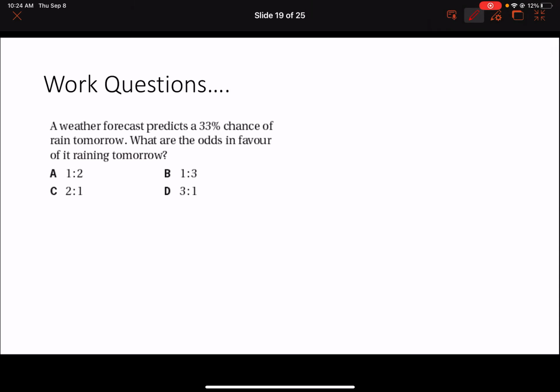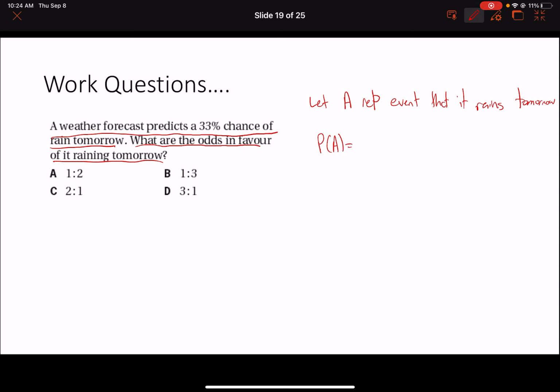Anyway, the weather forecast predicts a 33% chance of rain tomorrow. What are the odds in favor of it raining tomorrow? So let A represent the event that it rains tomorrow. The probability of A is 33%.